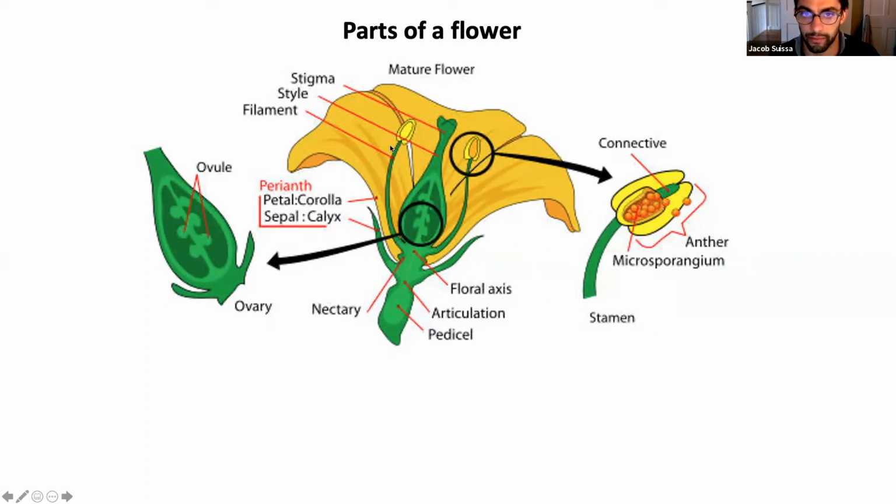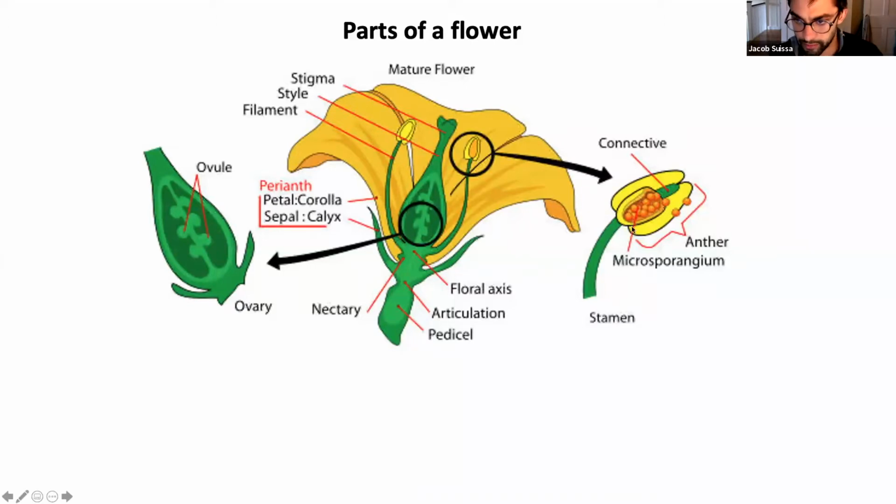Then working our way outward, we have the male reproductive portions, the microsporangiate reproductive portions, and these are the stamen. The stamen are composed of a few different structures. If we zoom in on them here, we have the anthers, which are these yellow structures, and in the strict sense, they are just the portions where the microsporangia are born.